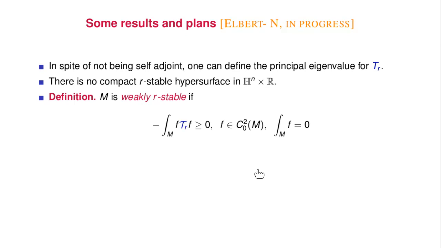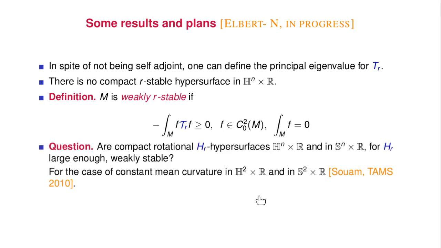And then it's interesting to understand what happens for weakly stable. I mean, it's usually the same as for stable hypersurfaces in R^n. So we define M to be weakly stable if this symmetrized operator has a sign for functions with zero mean on M, as usual for weak stability.